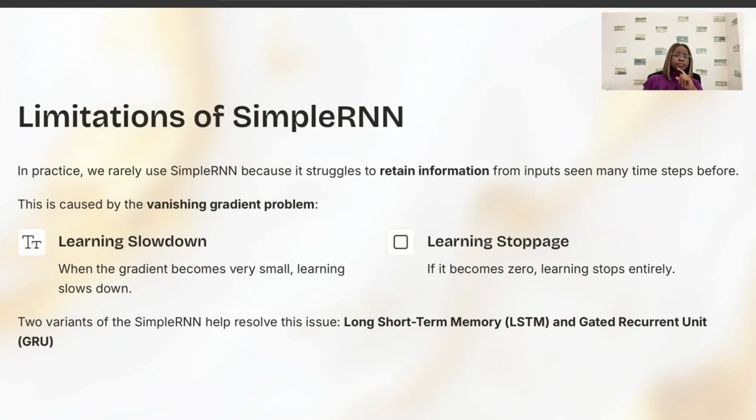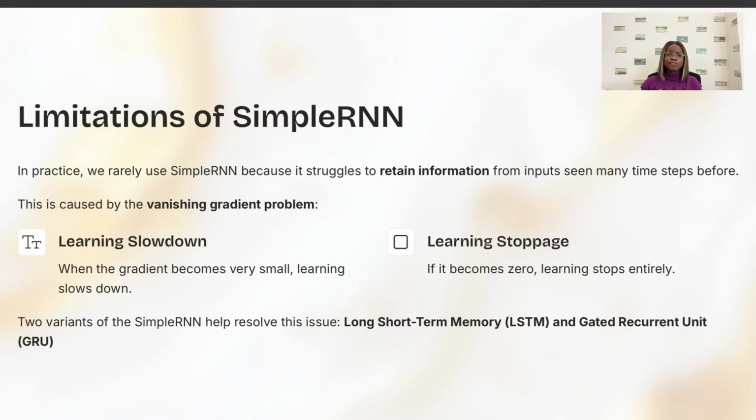But there is hope. There are 2 variants of simple RNN that help us resolve this issue. They are the long short-term memory, LSTM for short, and the gated recurrent unit, GRU for short.